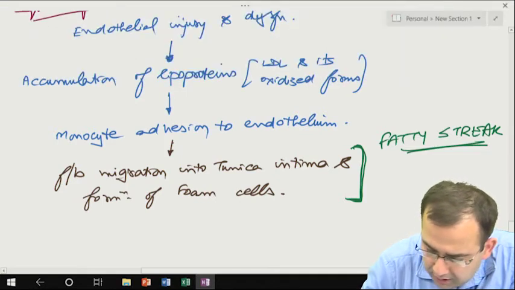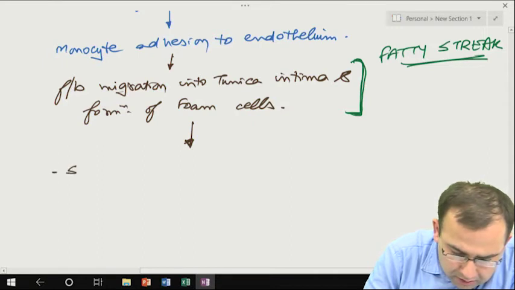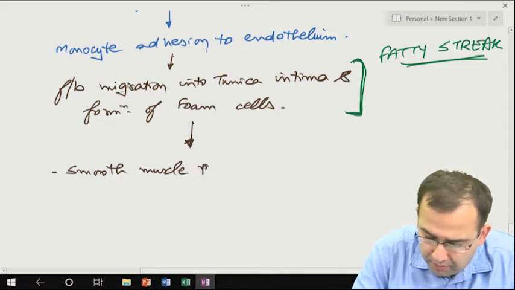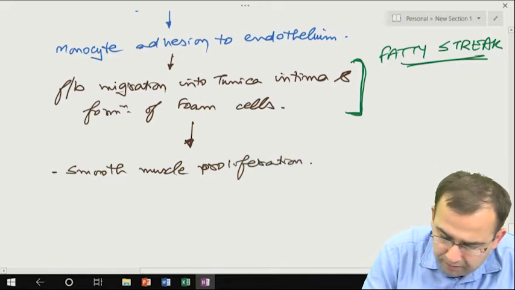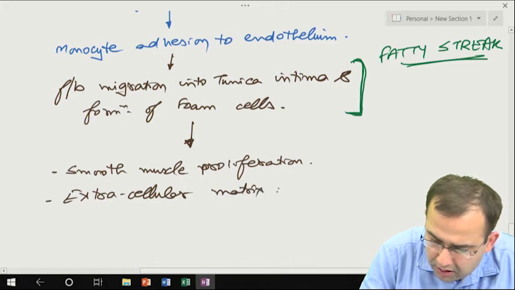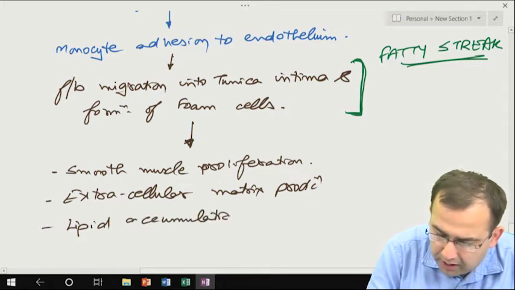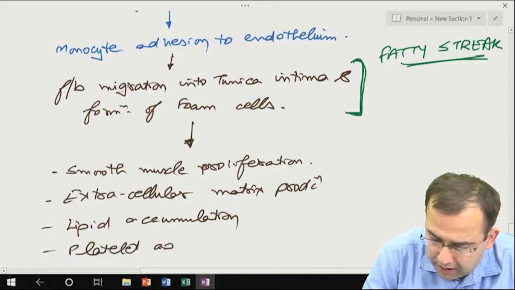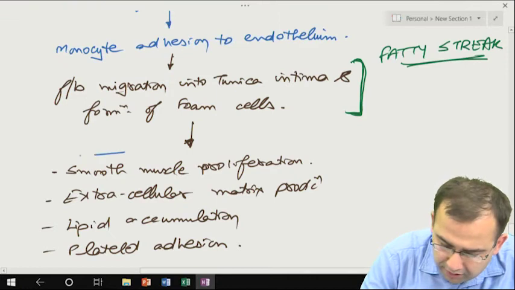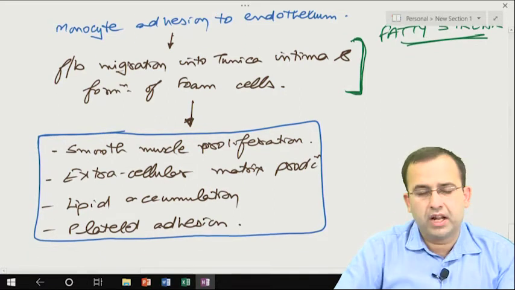This fatty streak then progresses, with the lesion associated with smooth muscle proliferation, extracellular matrix production, lipid accumulation, and platelet adhesion.